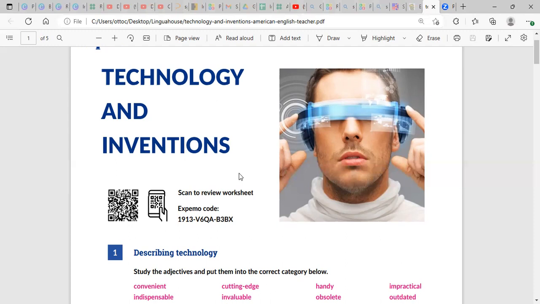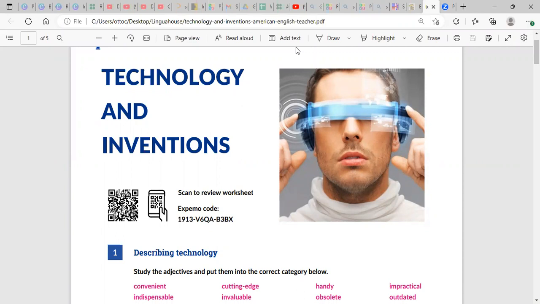In the presentation, we have positive adjectives and negative adjectives below the words we have in part one. After that, we did some exercises comparing these adjectives. Okay, very good. And in part two, we saw some inventions and some phrases that we could use to talk about those inventions.